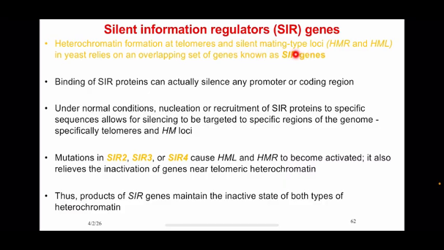The silent mating type loci, the HMR and HML, right? The silencing of these genes, and also the formation of heterochromatin at telomeres in yeast, to be specific. The binding of the SIR proteins can actually silence any promoter or coding region.